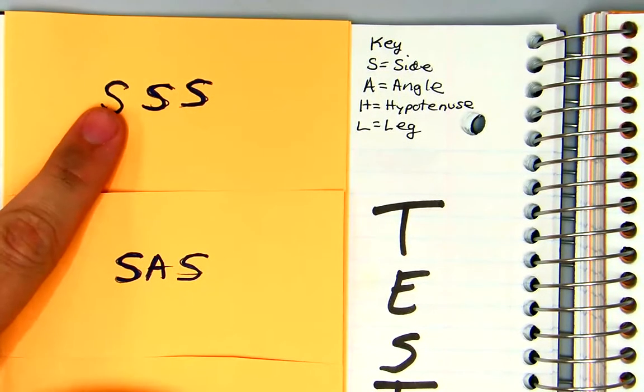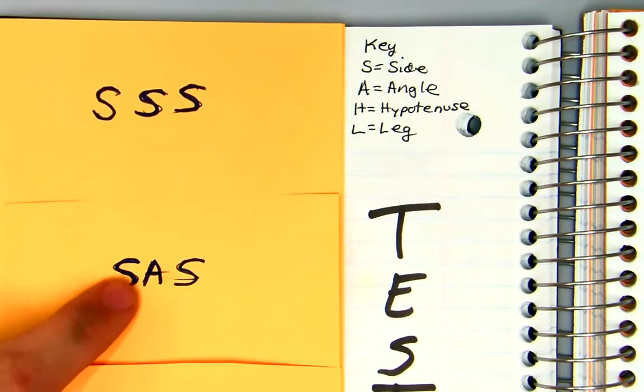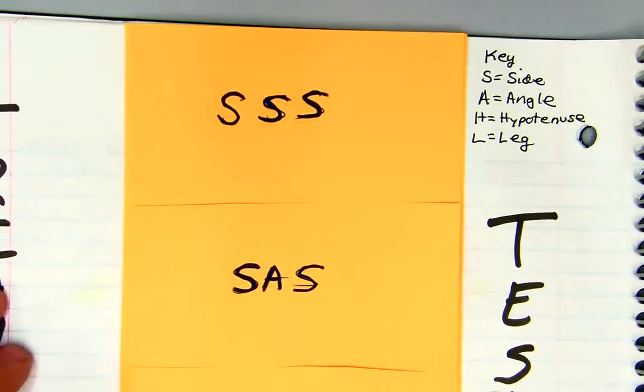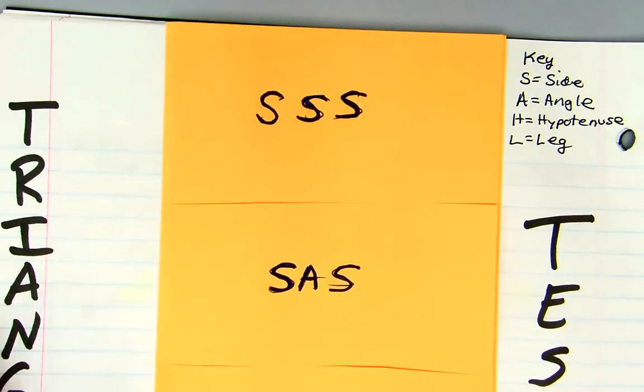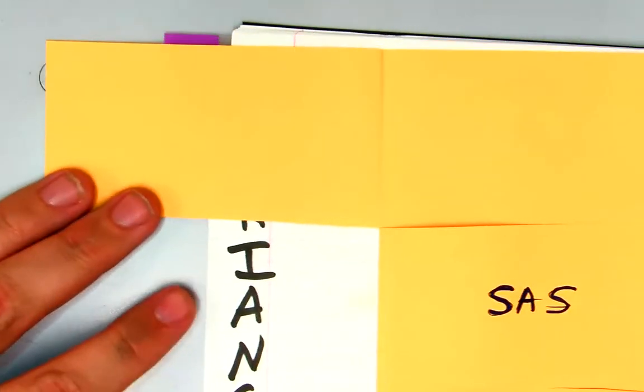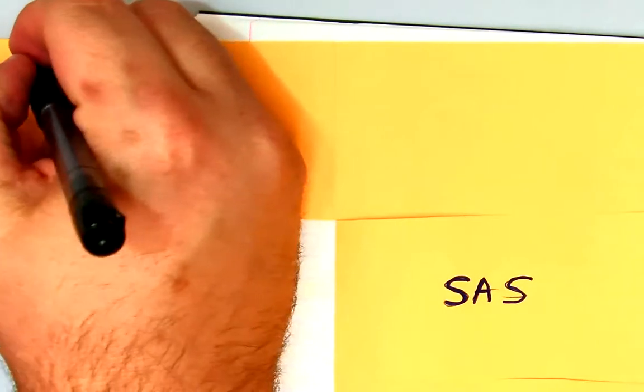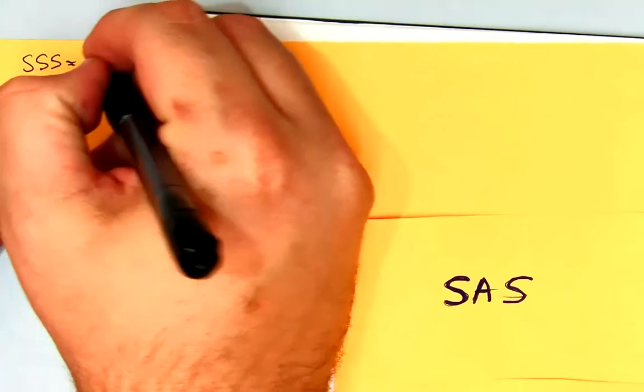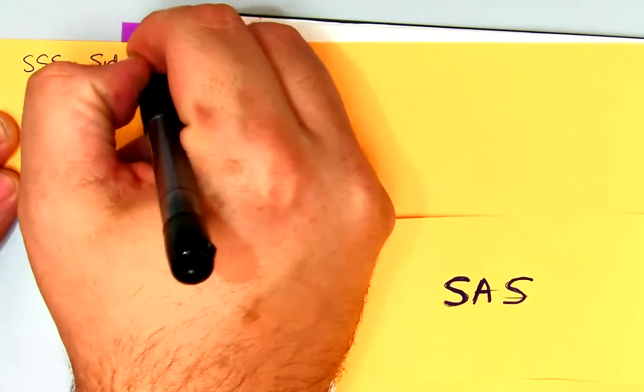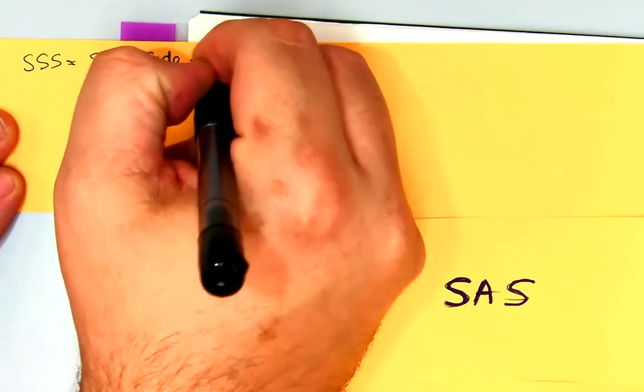Alright, so you got your key, and whenever you see an S, this is going to refer to side. And so this would be like side, angle, side. So let's take a look at SSS, side, side, side. That's what this means. So when we open it up, we can say to ourselves, SSS is equal to side, side, side.